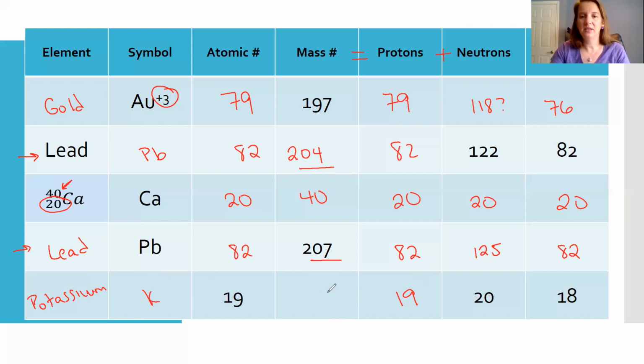Our mass number is going to be our protons plus our neutrons, so the mass number is going to be 39. We're not done yet, because if you look at this last column here, we have 18 electrons. We have 19 protons. That means we lost an electron. If you lose an electron, that means you have a positive charge, and we lost one electron, so +1 on that potassium, okay?